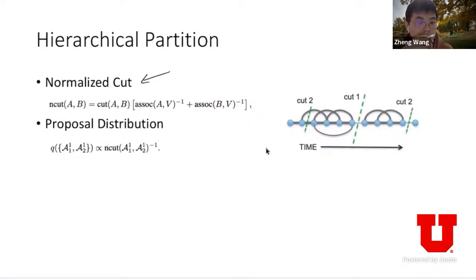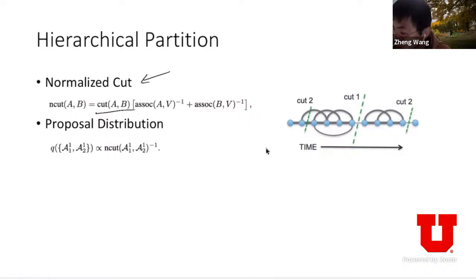I didn't list how to calculate the cut of A and B. A and B are just subsets of the partition you want to further partition.